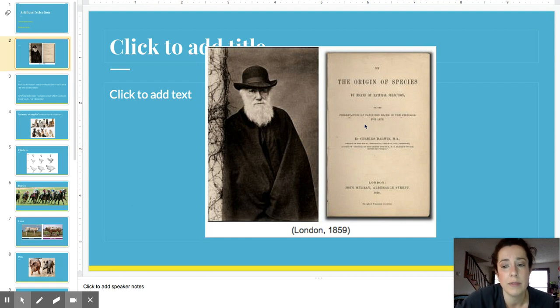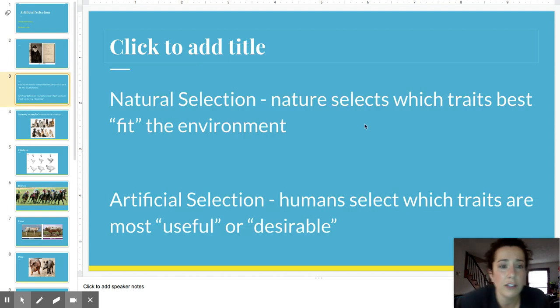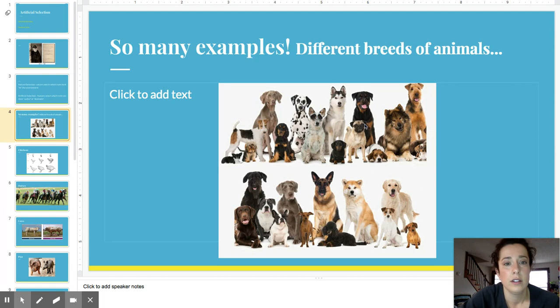So this was something that he used to support his theory. The difference is natural selection. Nature is selecting which traits fit best for the environment, whereas in artificial selection, we as humans are choosing which traits fit best for what we want, what's useful to us and what's desirable to us.